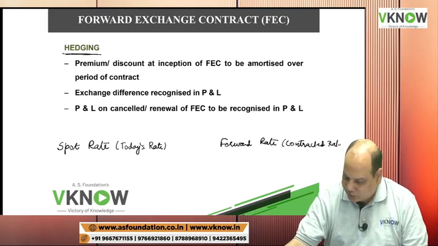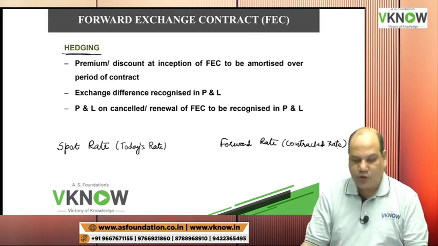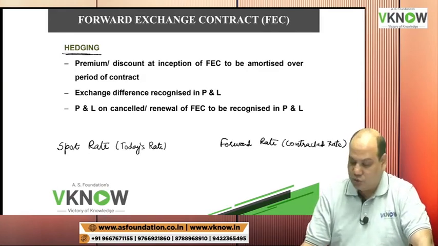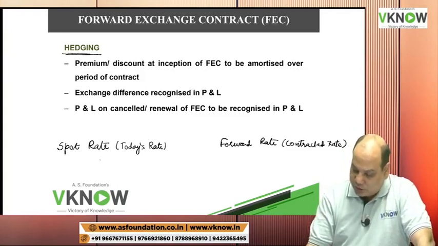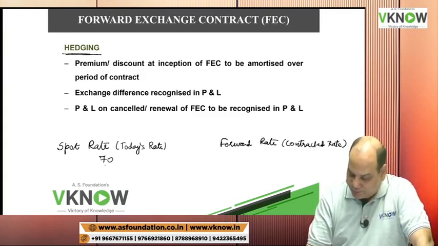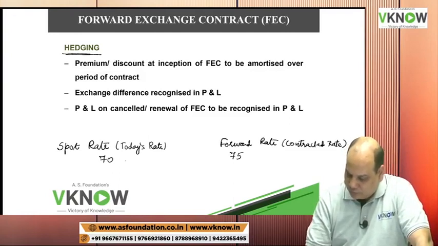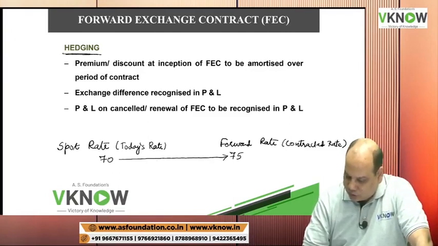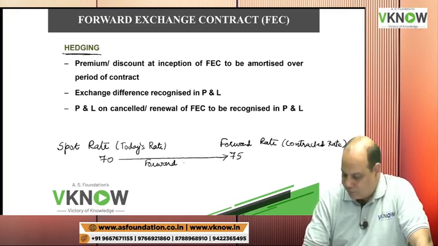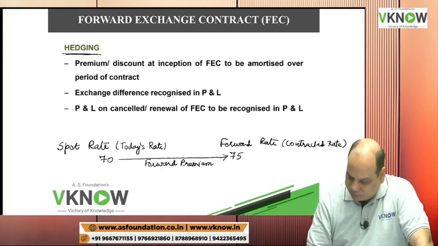Contracted rate means rate at which forward contract is entered into. So today's rate is suppose 70 and forward rate is 75. So this is called forward premium.